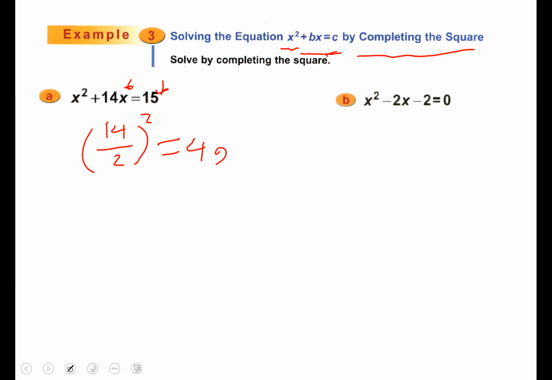Let's do it. x squared plus 14x equals what?